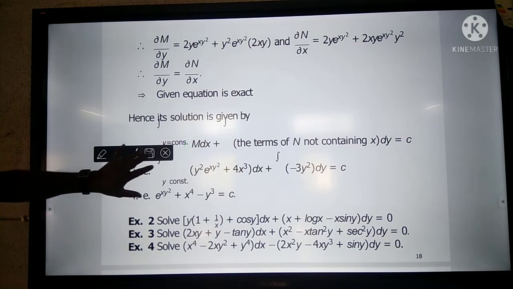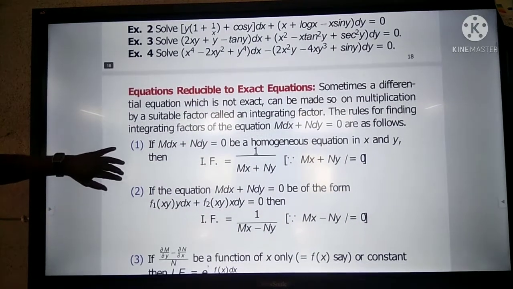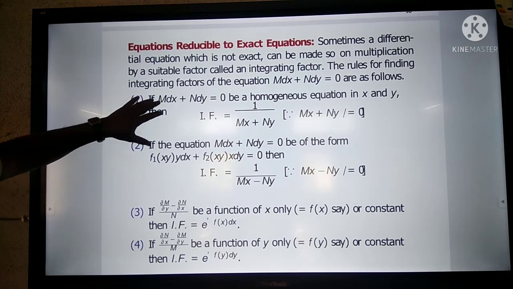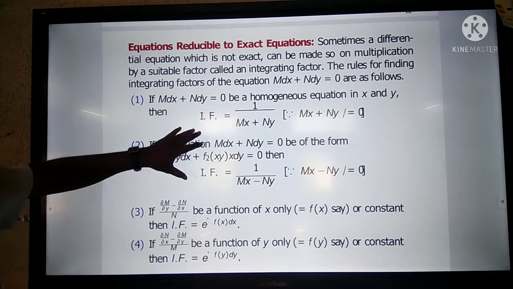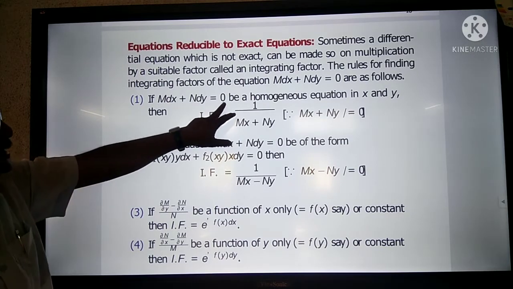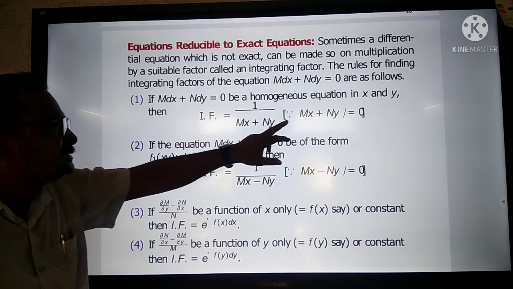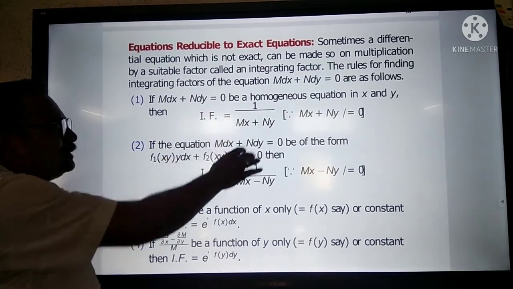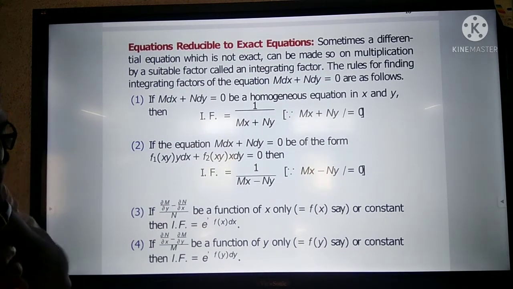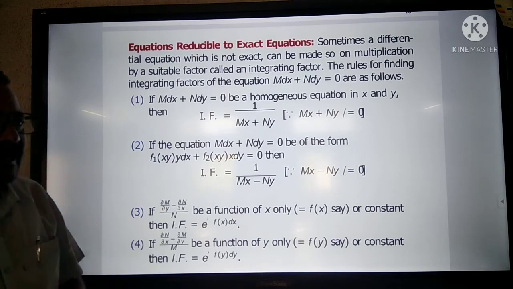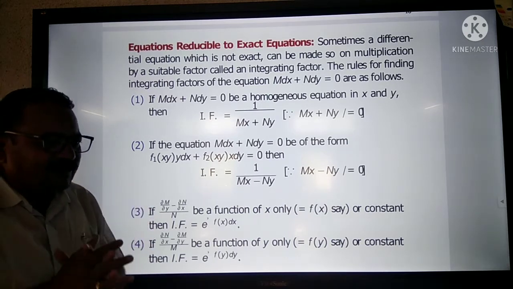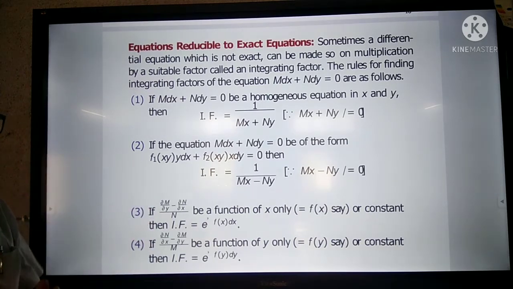Now, equations reducible to exact differential equations are asked in MCQs. If M dx plus N dy equals 0 is a homogeneous equation in x and y, then its integrating factor is 1 upon (Mx plus Ny). An integrating factor is a factor which, if we multiply it to the equation, makes it integrable.